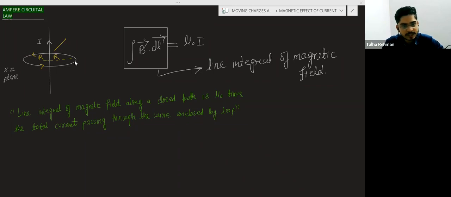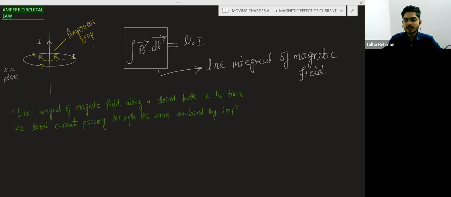This closed loop is also known as the Amperian loop. So this is a current carrying wire and this is the Amperian loop.